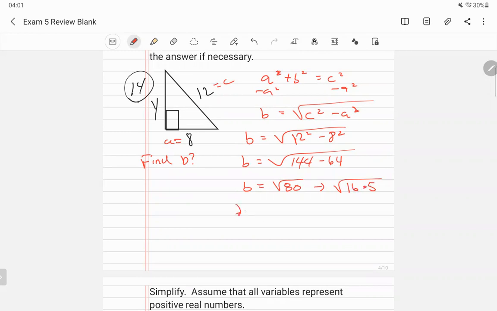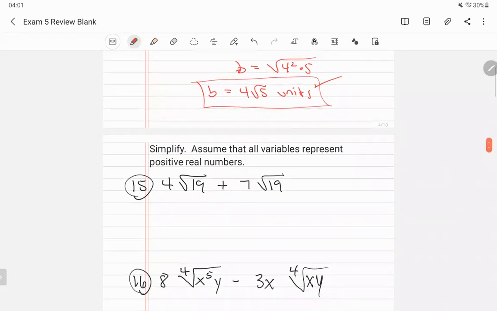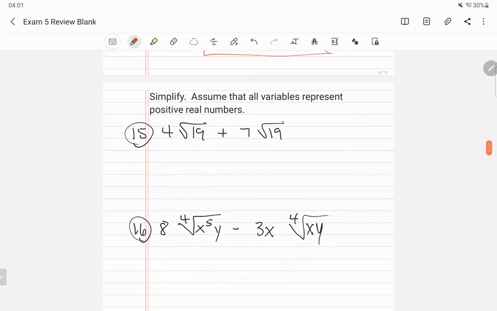So that's b is equal to the square root of 4 squared times 5. So what we really have is b is equal to 4 square root of 5 units. And remember, with applications, you need your units, even if they don't give it to you. And when you are dealing with the length, it is a positive length.